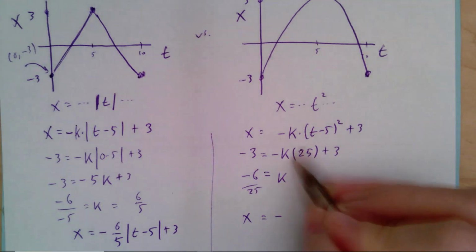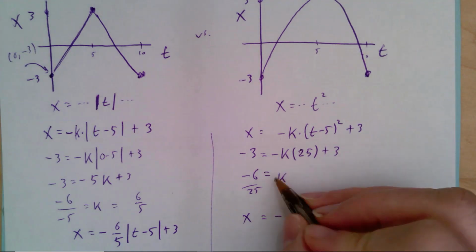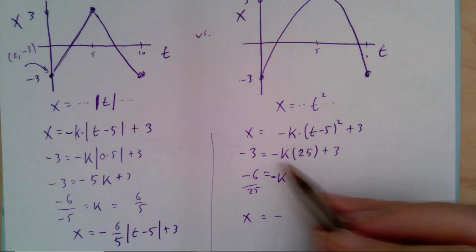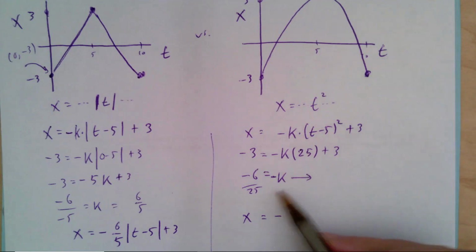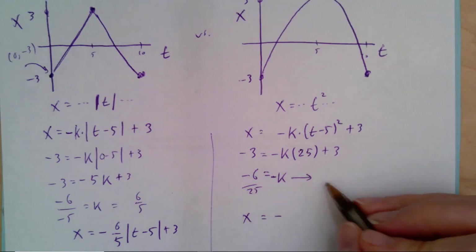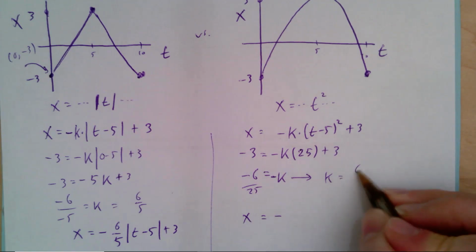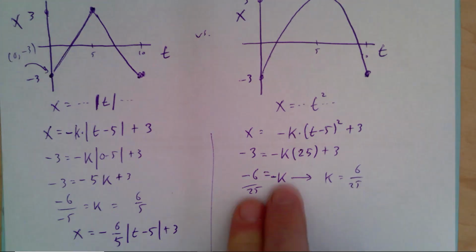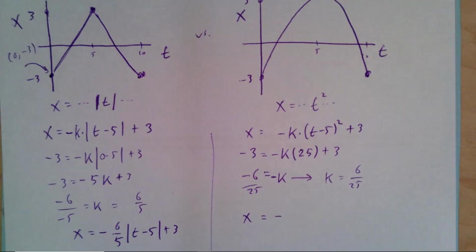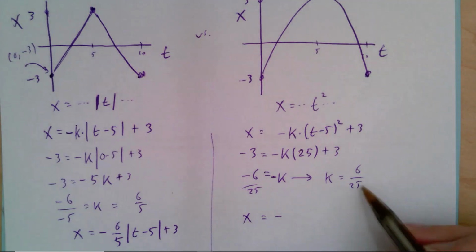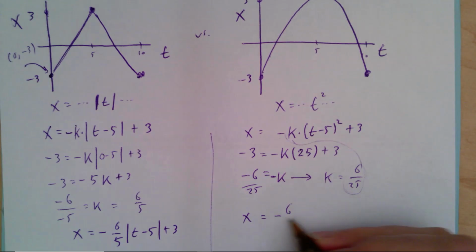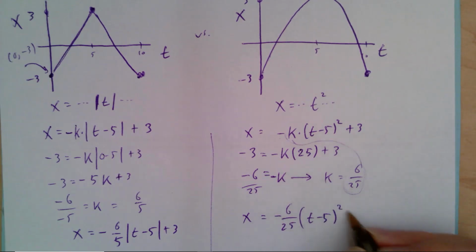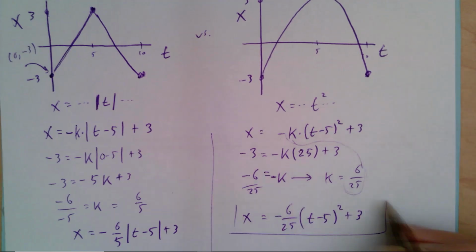I said divide through by 25, but remember the negative sign is still in front of the k here. That didn't go anywhere. So if I have -k equals negative this thing, that's the same thing as k equals 6/25. You could multiply both sides by -1, for example. Okay, so now plugging in 6/25 back for the k, that gives me the opposite, -6/25, times t minus 5 squared plus 3.